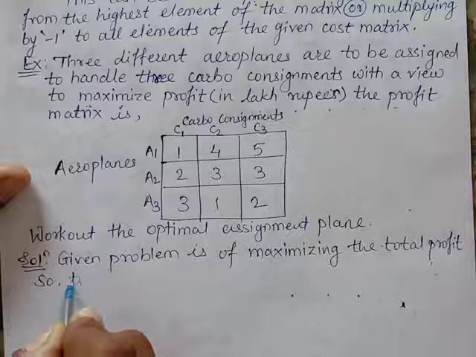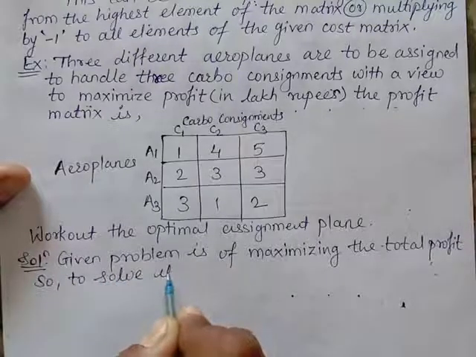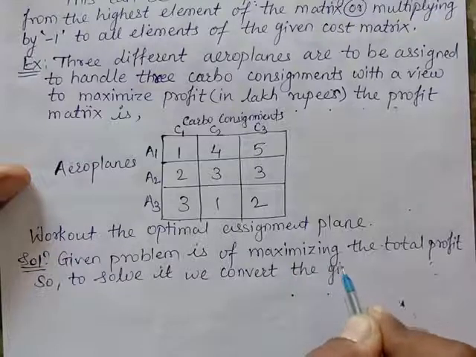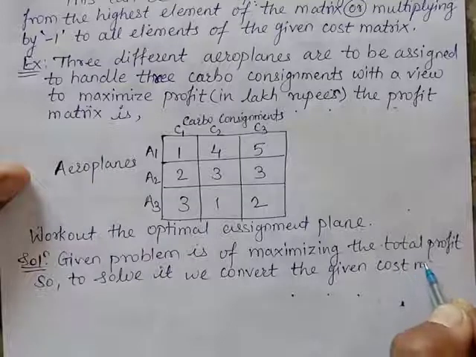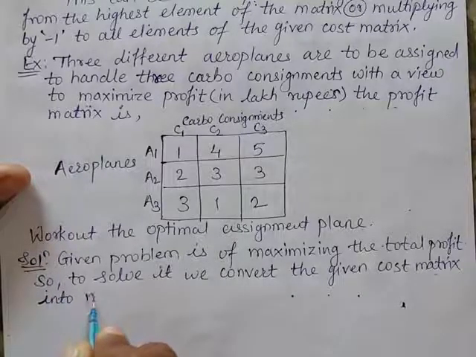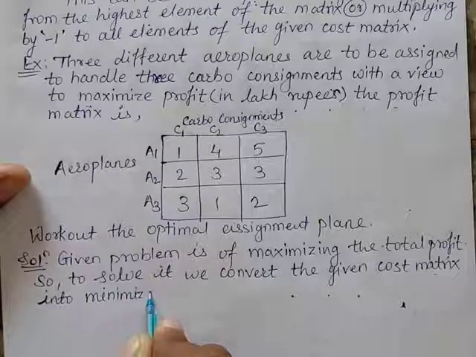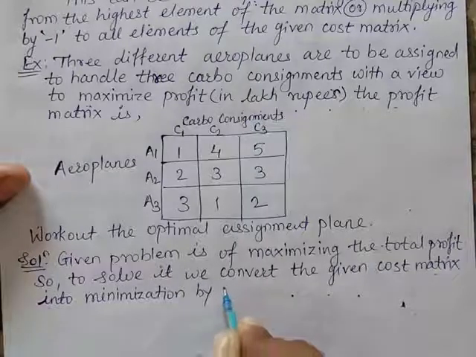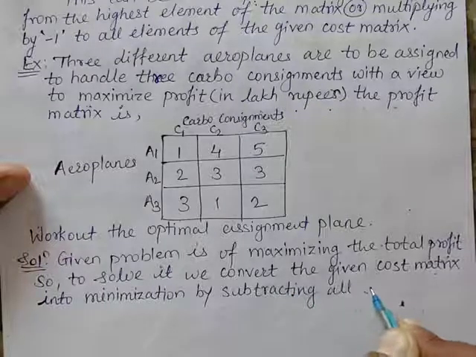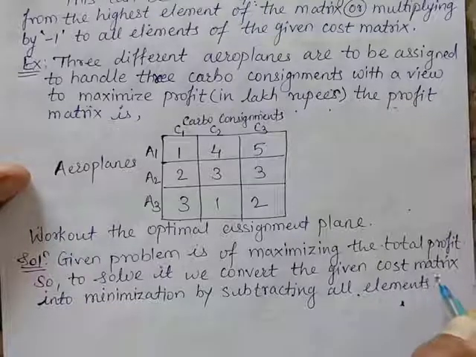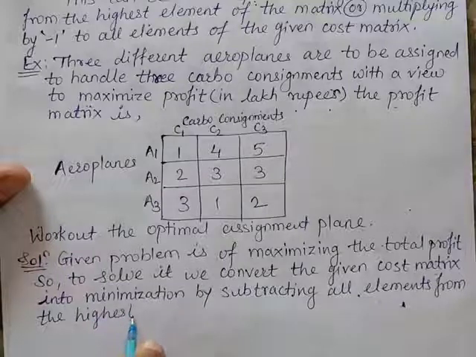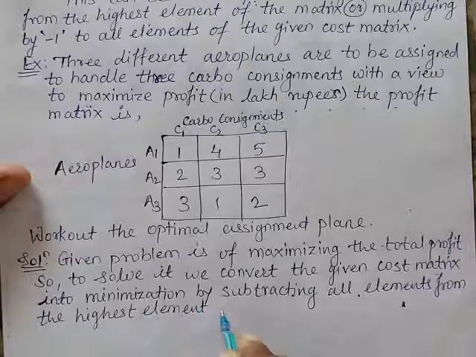So to solve it, we convert the given cost matrix into minimization by subtracting all elements from the highest element of the given matrix.